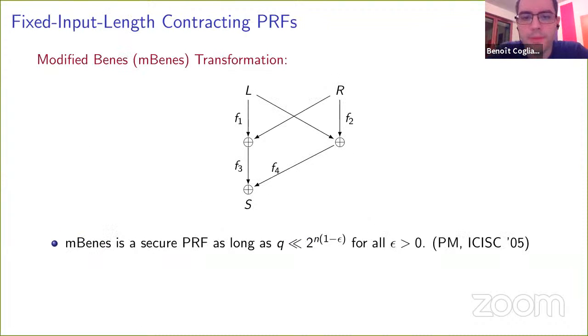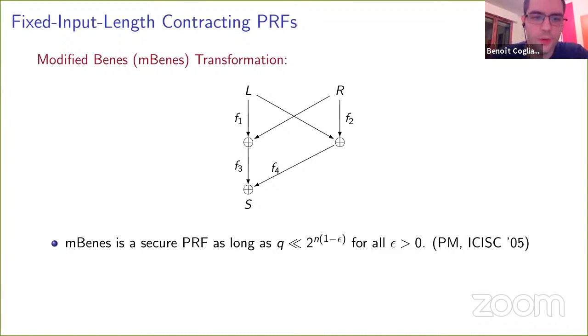And it appears that the best candidate that we have is the modified Benes transformation. So this transformation uses 4 random functions or 4 random permutations to build a secure contracting 2n-bit to n-bit PRF.